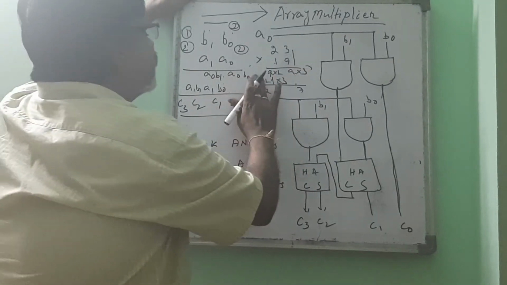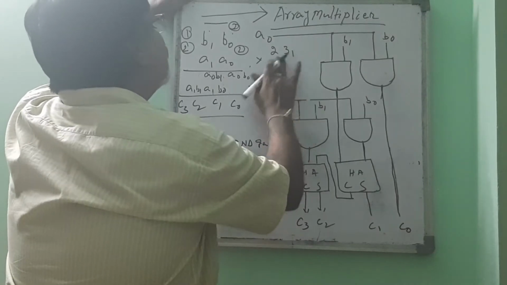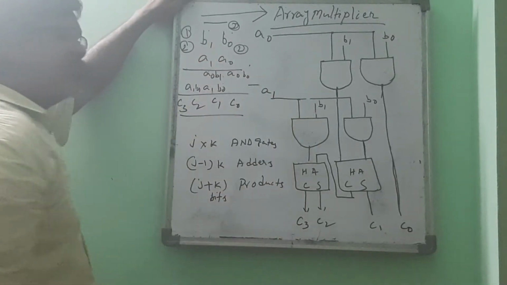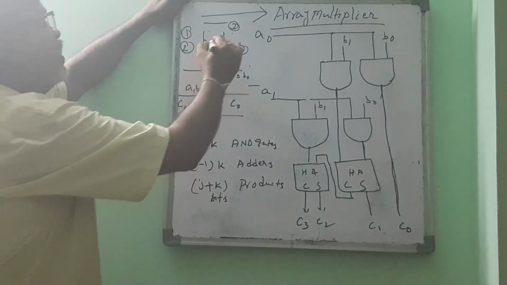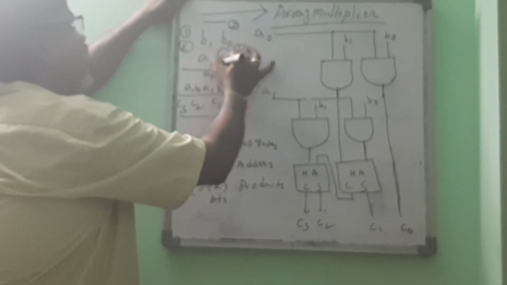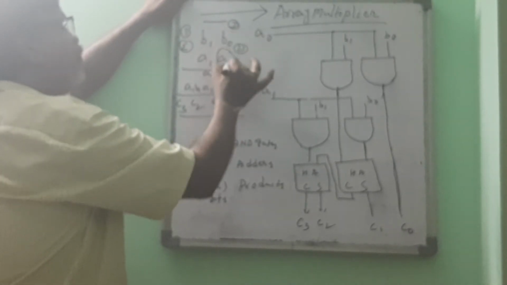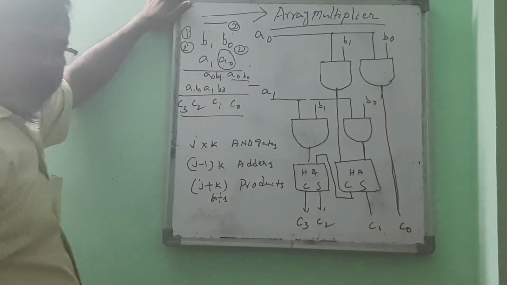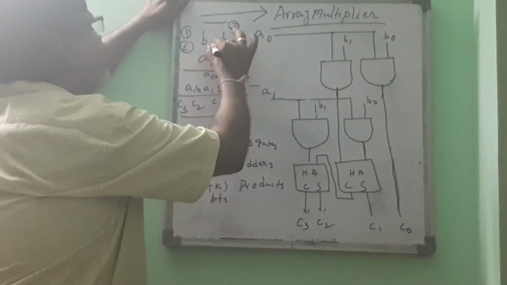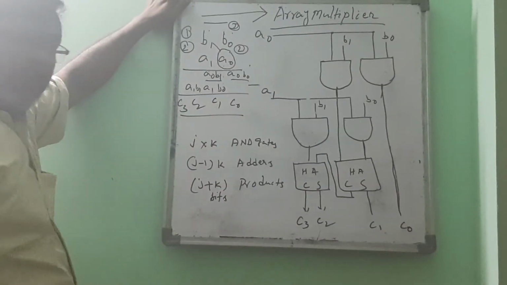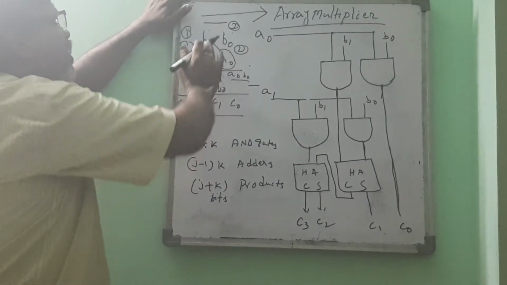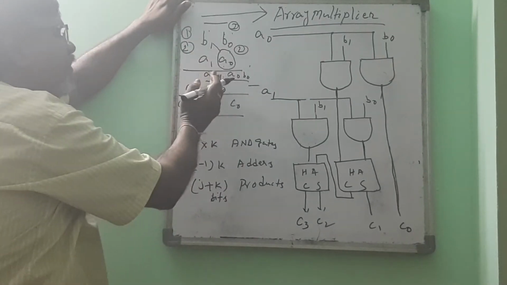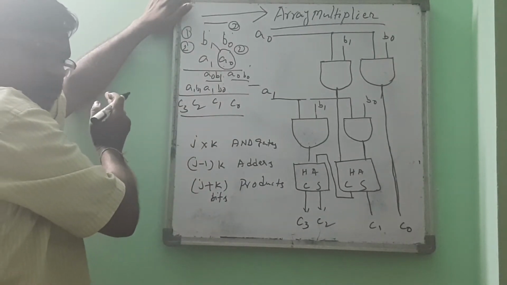So yes, in the same way, if you convert this explanation to bit values also, here you see A0, first you take A0 into B0, that is the first position, then A0 into B1. After that we take the second position, we shift one position left like this.